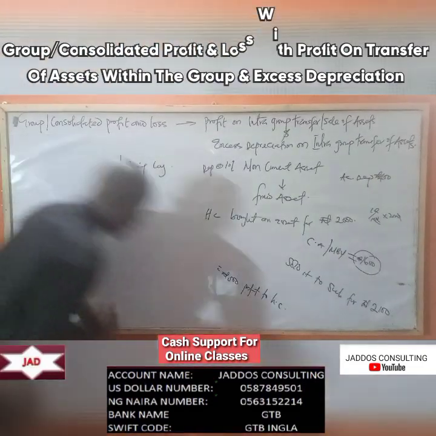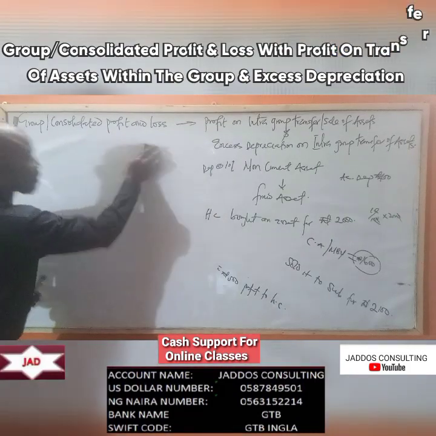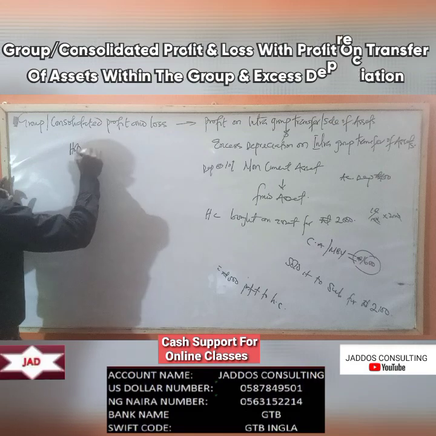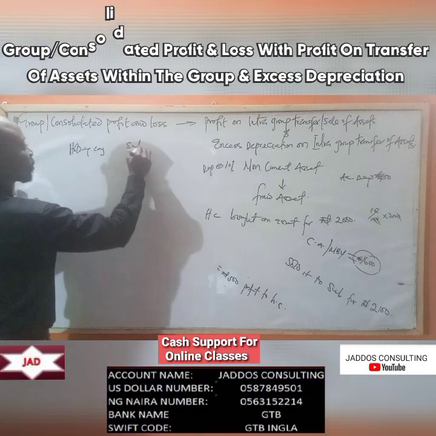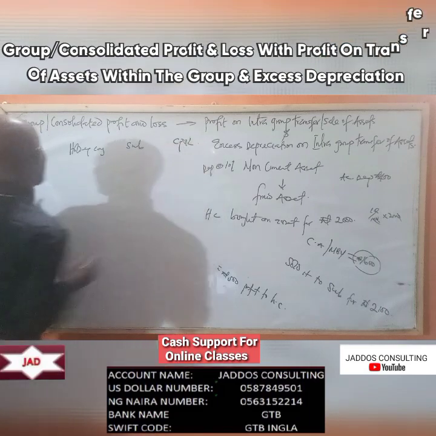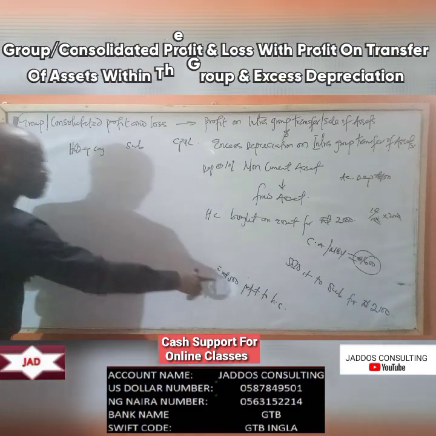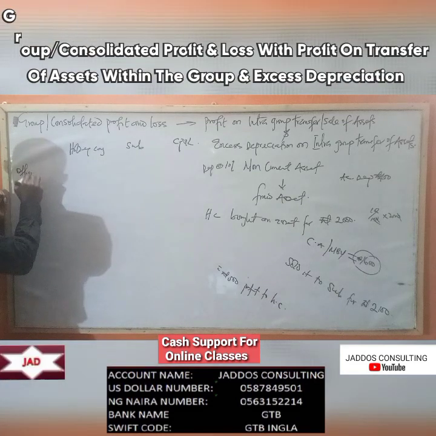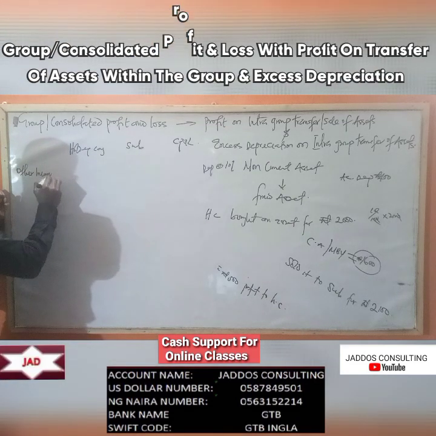So we have the holding company, then the subsidiary, and the profit on disposal would be like other income.